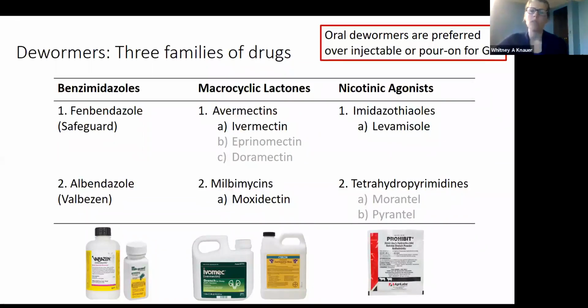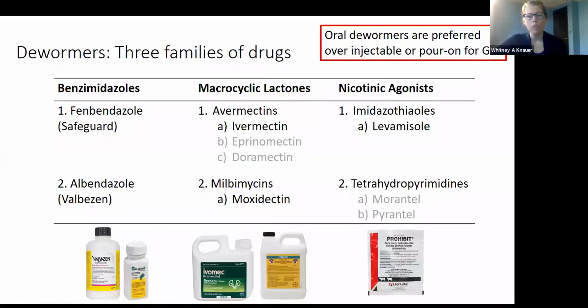Then we have the macrocyclic lactones. So these are the ivermectins. We have ivermectin, and then we have moxidectin, which you can kind of think about as ivermectin squared. It's a more potent drug. And then we have the nicotinic agonists. These are the yellow dewormers, and the most commonly used one there is levamisole or Prohibit.